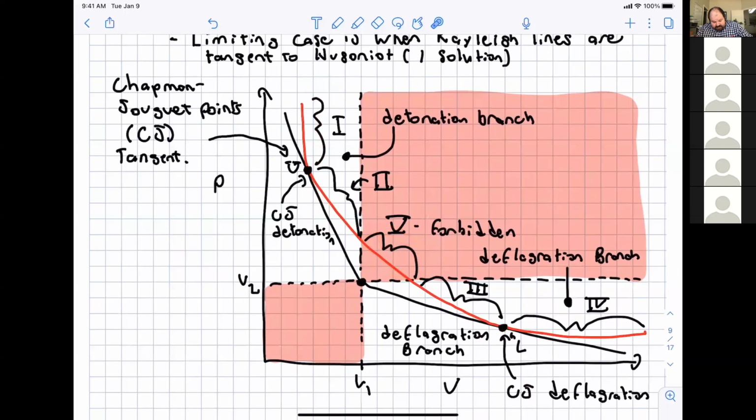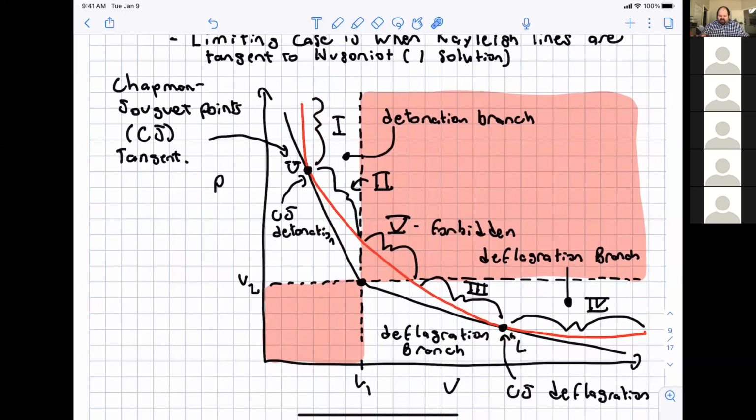We have region 3 here, which is the point where the specific volume of the products of a Chapman-Jouguet, or CJ, flame is less than that of the lower CJ point. So we're basically to the left of this lower CJ point, and we have region 4, which is to the right of this lower CJ point.